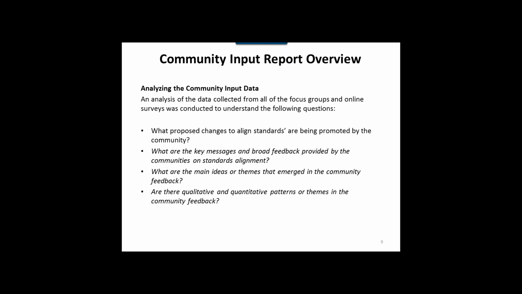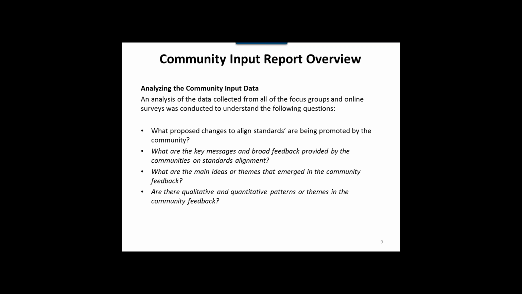What are the key messages and broad feedback provided by the communities on standards alignment? What are the main ideas and themes? And we talked about it last time, how we've been grouping the comments and identifying the significance level of one type of comments versus another type of comments, and other qualitative and quantitative patterns or themes in the community feedback.